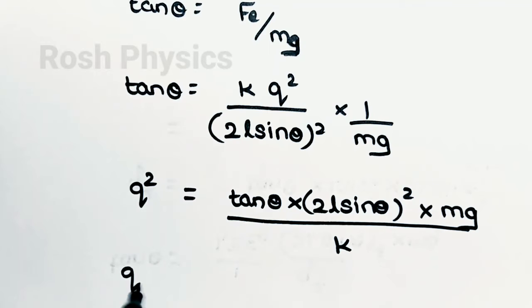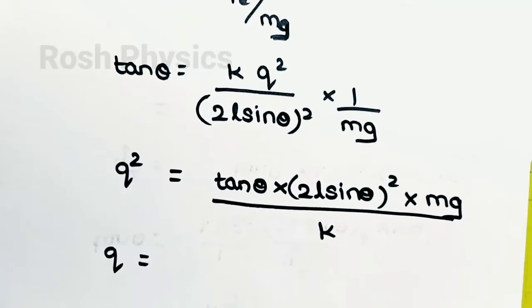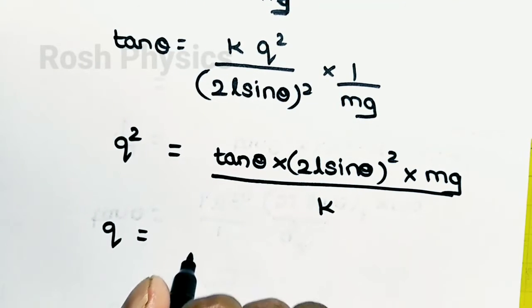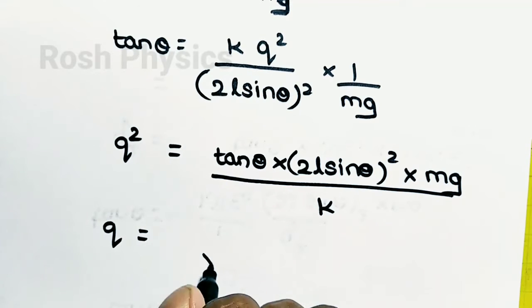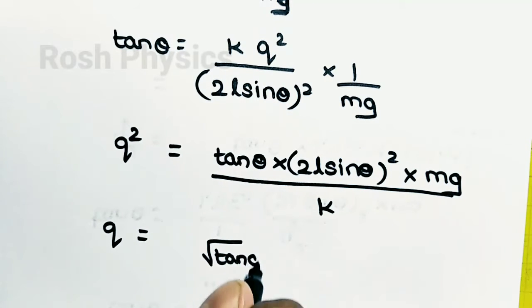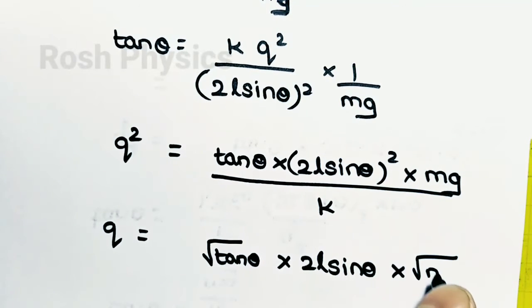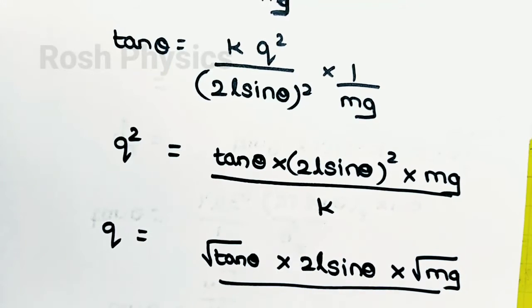To find q, I need to find the square root of this equation. Finding the square root means taking the root of tan theta, and the square gets cancelled, so it transforms into 2L sin theta into root mg divided by root k.